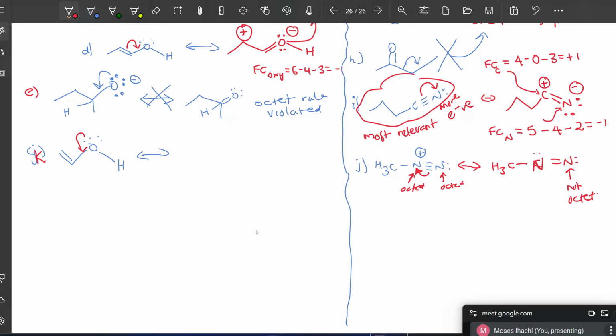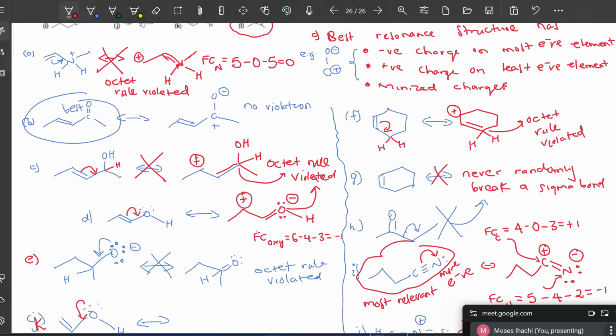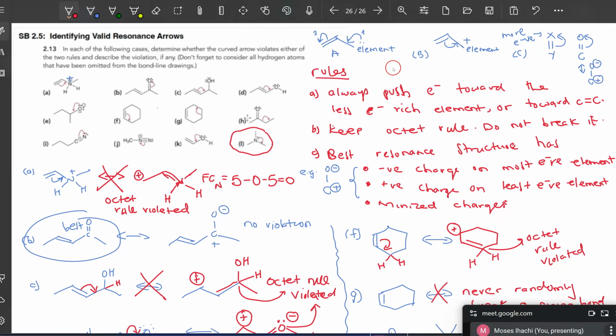Okay, and then should we do K? Yeah. So for K, only one arrow is pushed. This one goes to the first pattern. See how I told you if you have an element with a lone pair, you push two arrows?